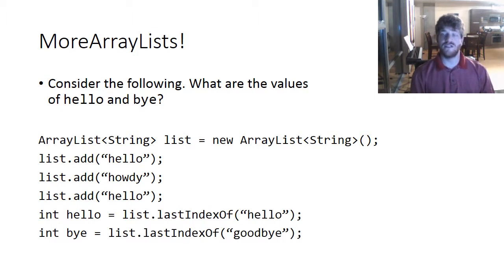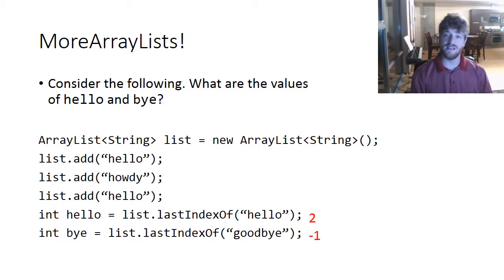Finally, for lastIndexOf, on the same list, what are our values of hello and bye going to be? Hopefully you said 2 and -1. So, just like on the last slide, hello is in this list twice. It's at index 0 and at index 2.